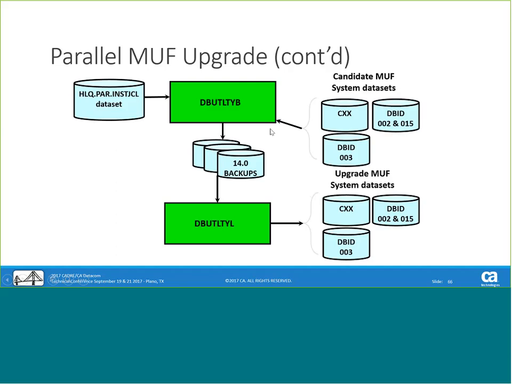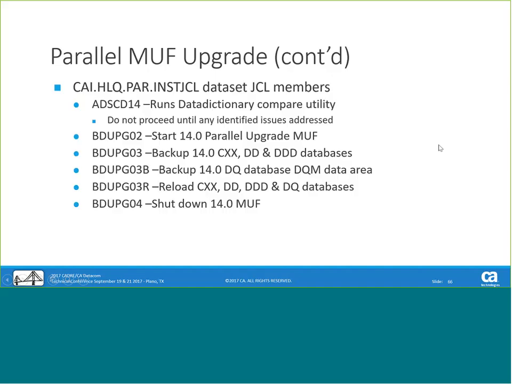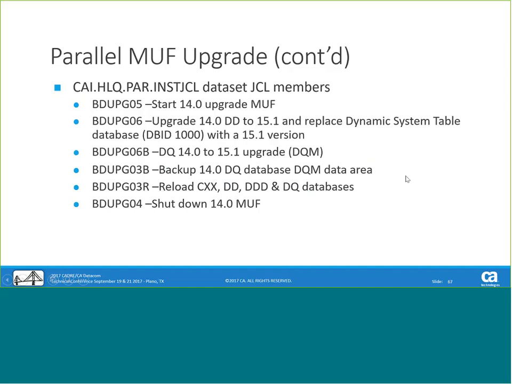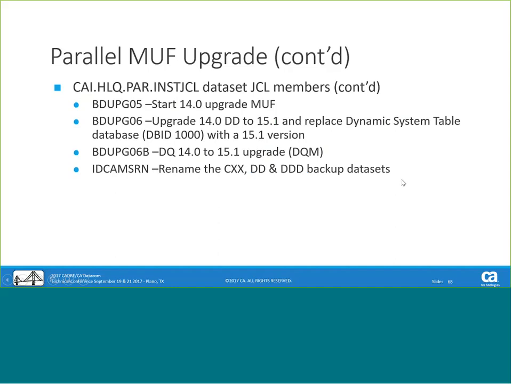You back up these resources with the D backup data set. Then you run the L to load. So here are your upgrades, very much like a traditional upgrade, except you're doing it offline. You're doing it in a separate environment from the original source. So that's therefore the parallel part.